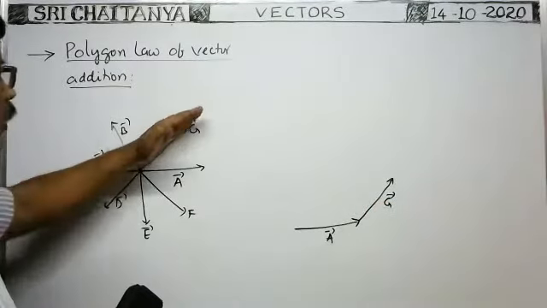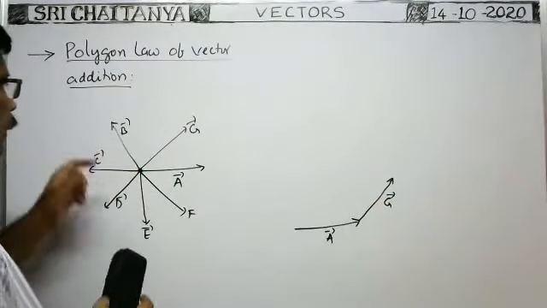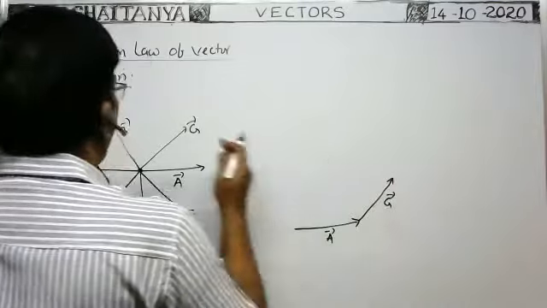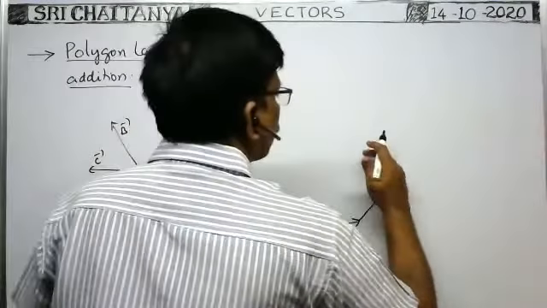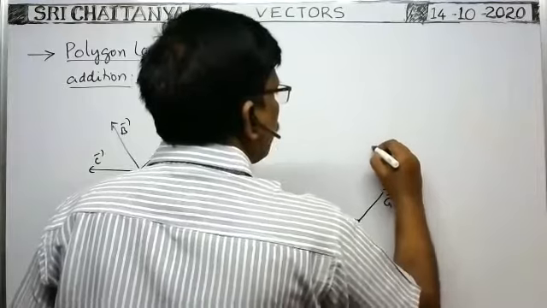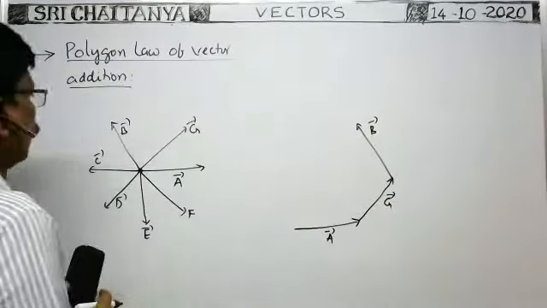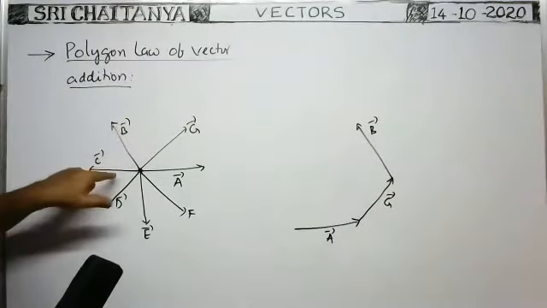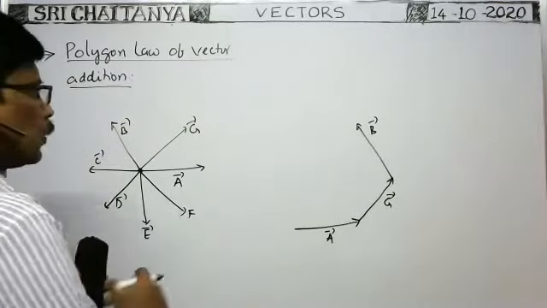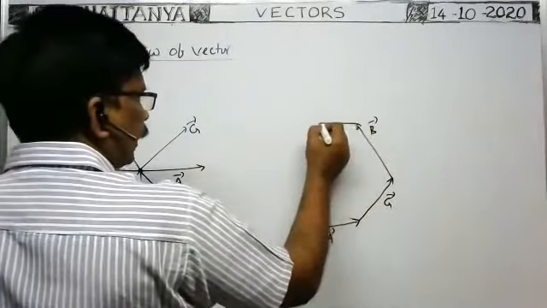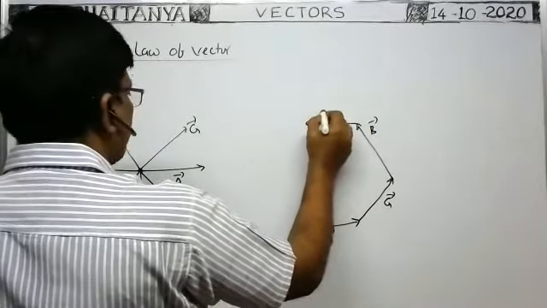From this G bar, by making some angle, B bar is there. So parallel to B bar, you draw a vector here. It is B bar. From this B bar, next, C bar is horizontal. So from this B bar, you take another side in the horizontal direction, which is represented with C bar.